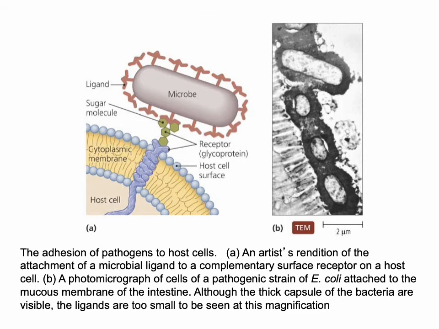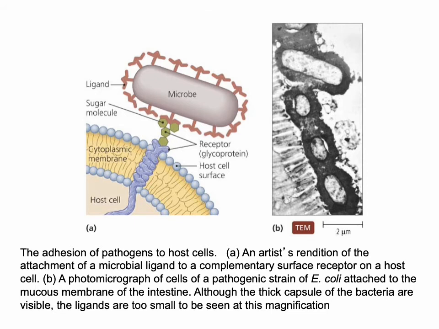Then on the left here, B is showing the capsule. This is, I think, an E. coli attached to the intestinal mucous membrane. You can see the E. coli cell on the outside. This thick layer of gray, dark color material, those are capsule.